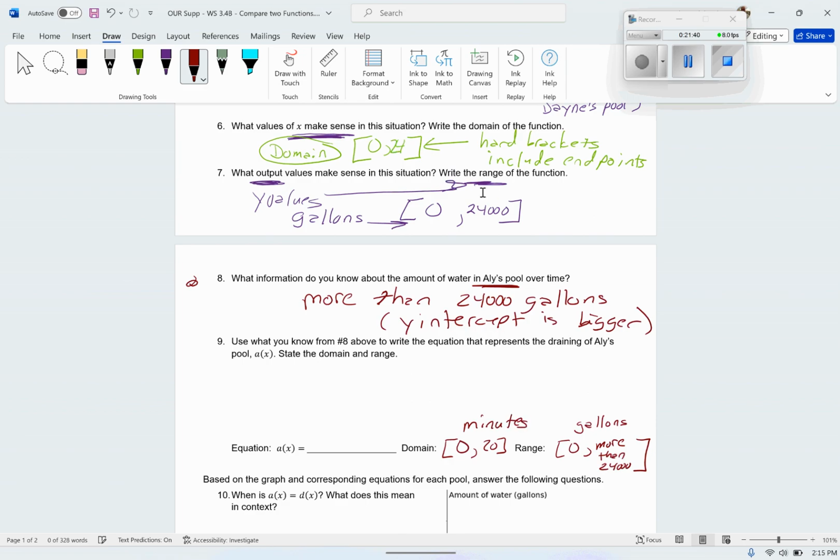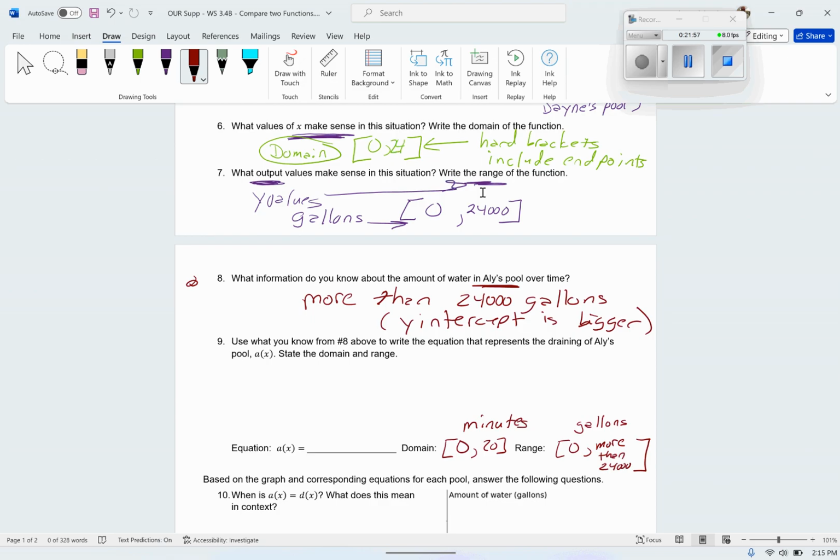Now, I don't know how I can make an equation for Allie's line because I don't know anything else. I don't know how much water she started with.